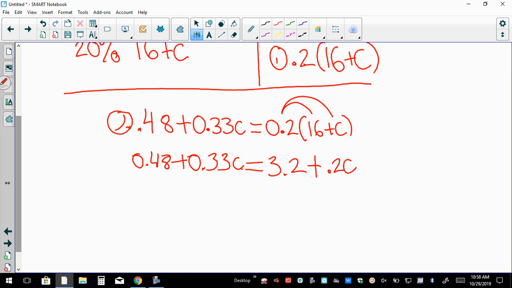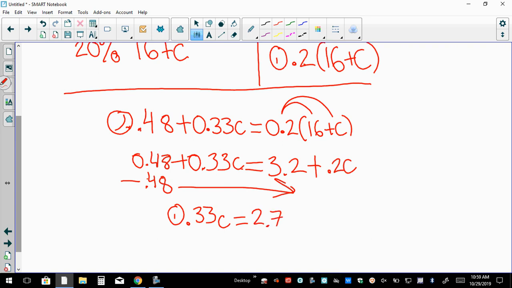So what I'm going to do first is take away 0.48 from both sides. That ends up equaling 0.33C equals 3.2 minus 0.48, which is 2.72, plus 0.2C.